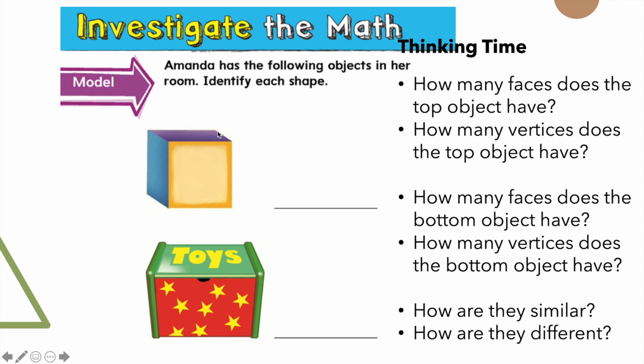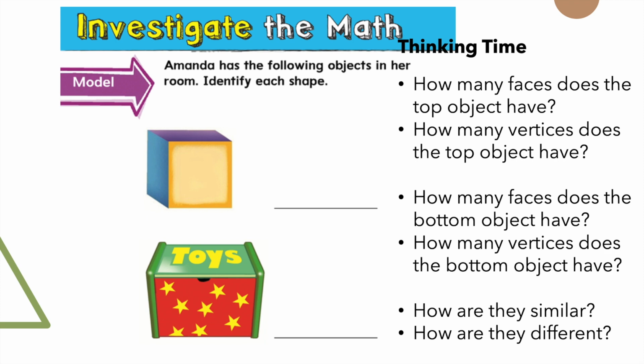Well, we have 1, 2, 3, 4, 5, 6, 7, and there's one more in the back of the shape. So the top object has 8 vertices.